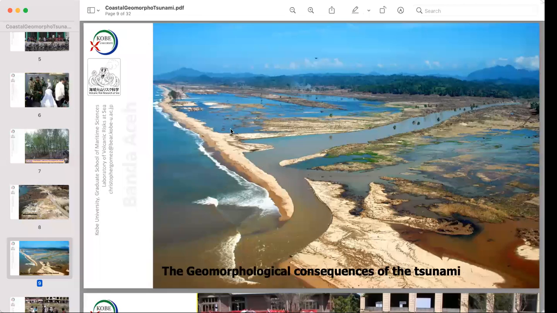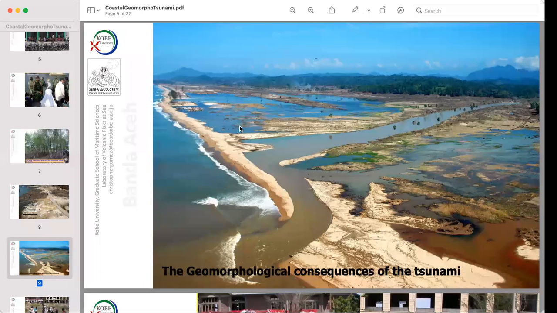And at the same time, what you can see here, this flooded area, is the result of two things. One, subsidence, so the whole land went down, and it's also the result of erosion. The sediment and the soil were eroded by the tsunami.